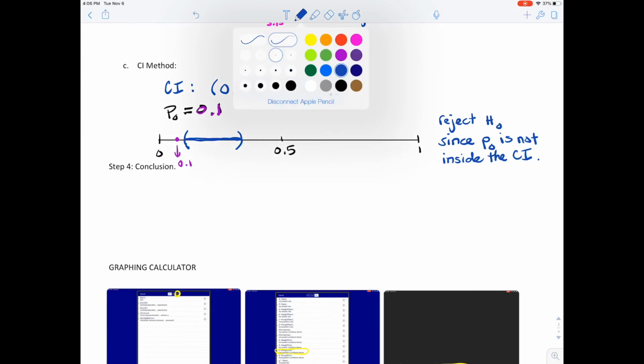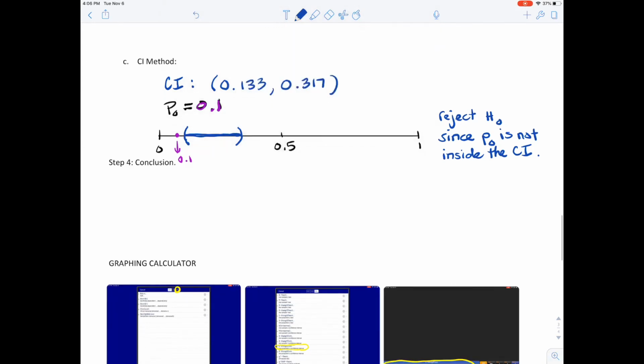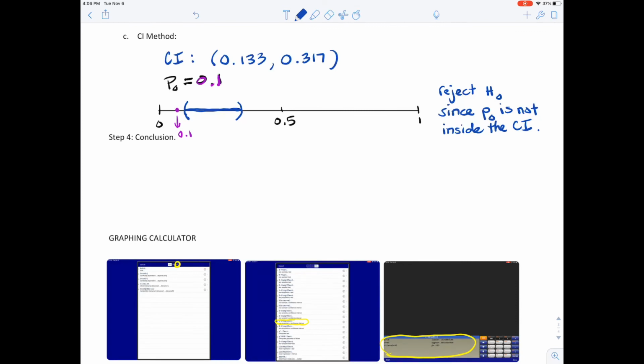So let's make our conclusion, right? So many books do this incorrectly now. There are only 2 options. You reject the null hypothesis or you fail to reject the null hypothesis, okay? So when you're making your conclusion, you have to be really careful.